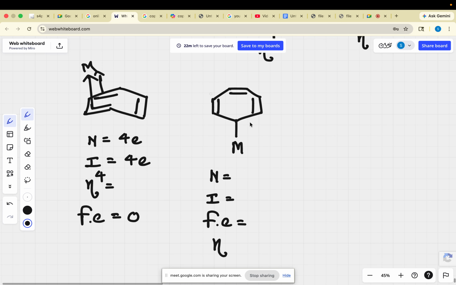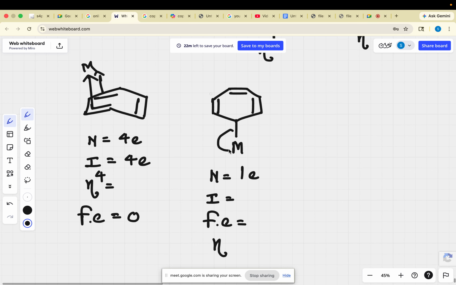Neutral method is 1 electron. Ionic method is 0, 0. Don't make a mistake.